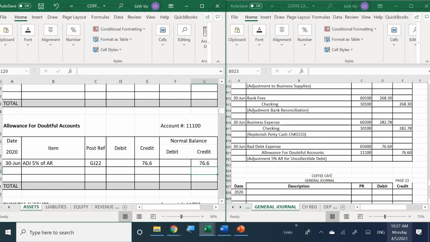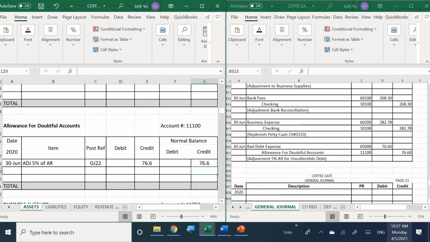So when we go to the next period, let's say Great Restaurant or Katie decides in July that they default on one of their payments. Then we need to debit our allowance for doubtful accounts. This is where it fluctuates between the debit and the credit. Because we're already writing 5% off as a bad debt, it's automatically going to give us a credit balance of 76.60. But if someone decides to default on their payment, then we're going to debit the account.